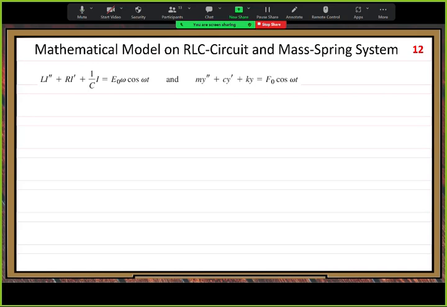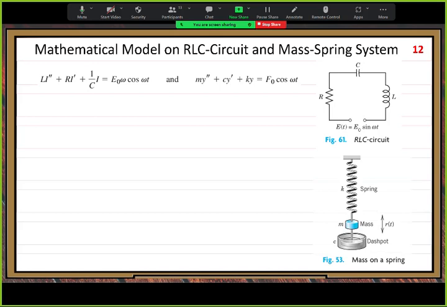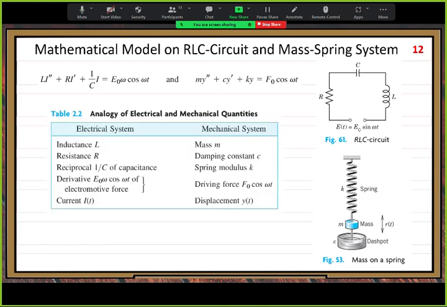That's some interesting phenomenon we observed. One from electrical system, another from mechanical system. Completely different systems. But surprisingly, this table gives us one-to-one correspondence. It's like a perfect match.